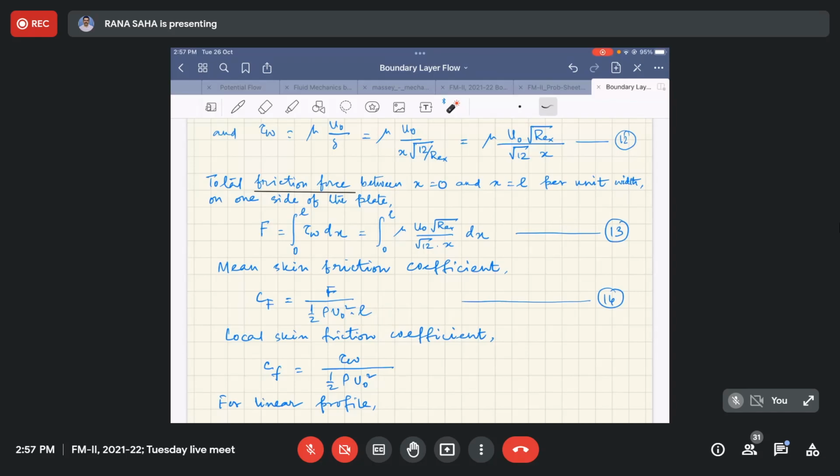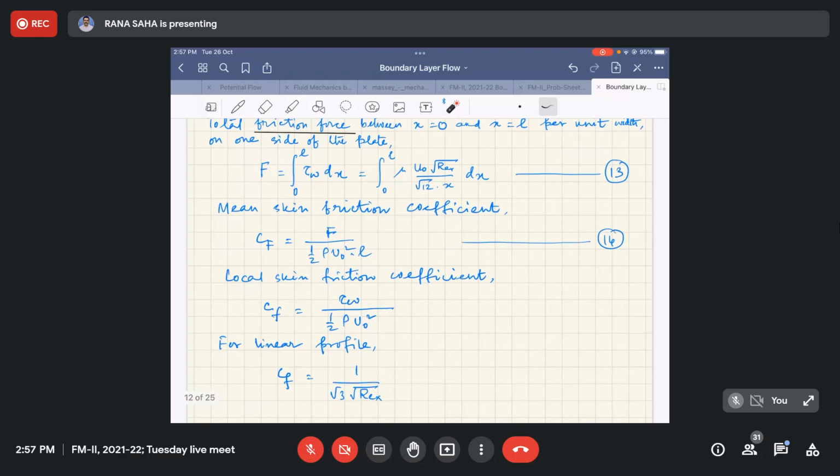Then the local skin friction coefficient is another term which is actually without this L, which is denoted as local skin friction coefficient. For linear profile, actually, then it is basically the F you can find out for different profile, and accordingly the expression of this coefficient gets changed.